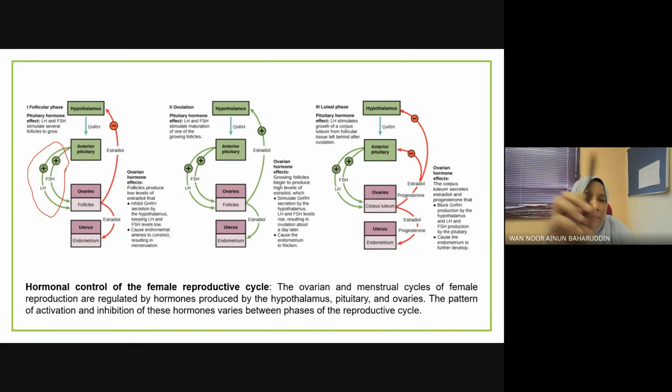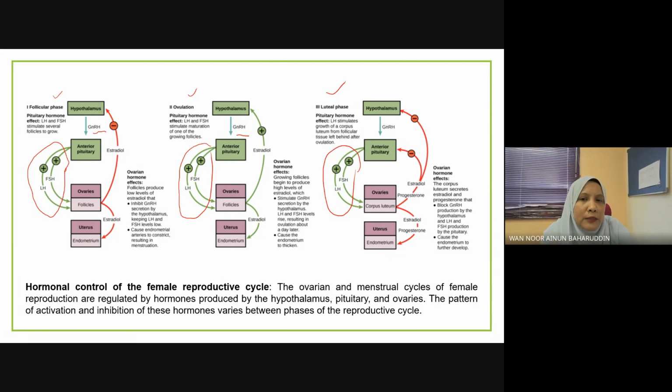The same production of LH and FSH will be activated for all three phases, whether it is follicular, ovulation, or luteal phase. The ones that will be activated are FSH and LH. For example, once the hypothalamus is activated, it will release gonadotrophin releasing hormone.